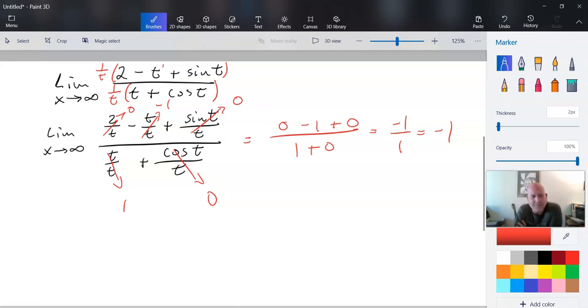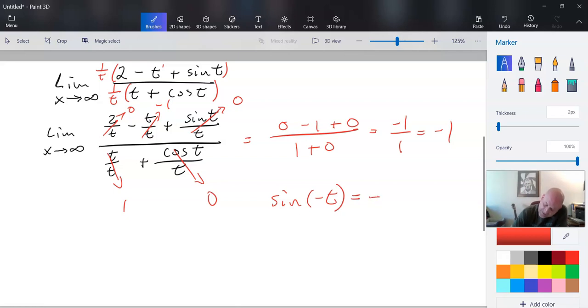It's kind of cool stuff. If you wanted the limit at negative infinity, this is one of those where, when you plug in the negative, one of the things you end up doing is getting it back in terms of t again. You can handle the negatives with the polynomial terms, but if I end up plugging in a sine of negative t, remember sine is an odd function.